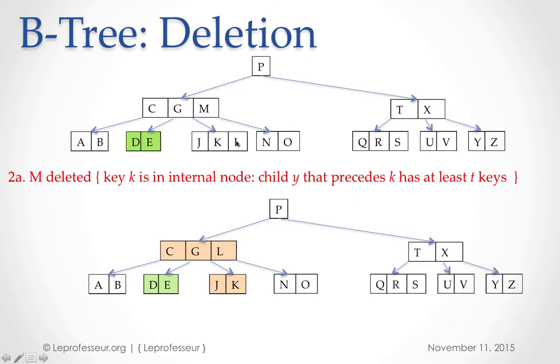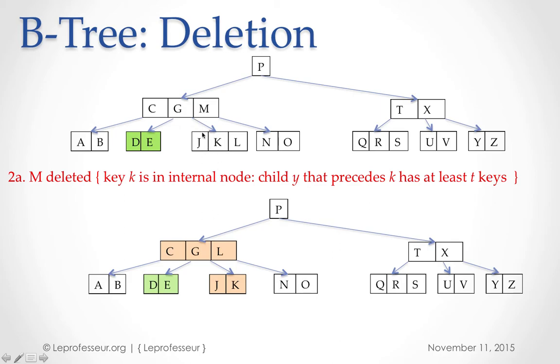We already said that we have this tree and the minimum degree is 3, so it has 3 keys. So we want to delete M, we have deleted M. Now after deleting M, we are left with 2 keys here.